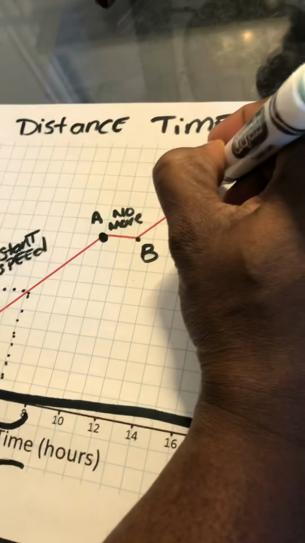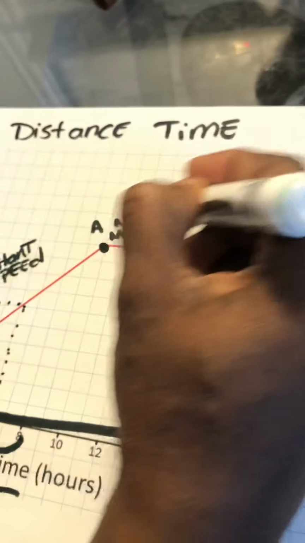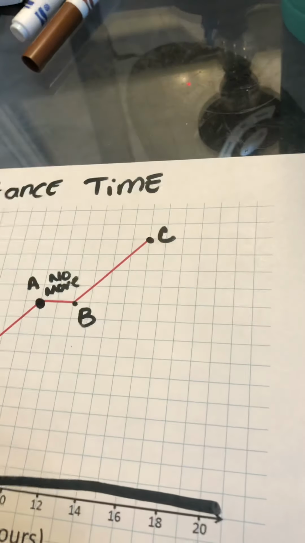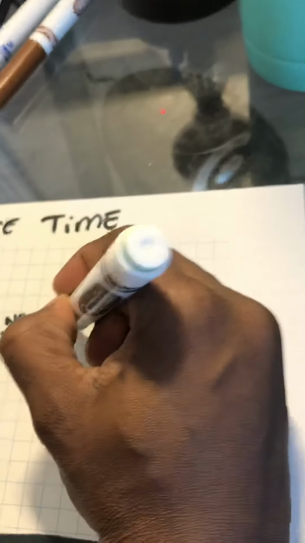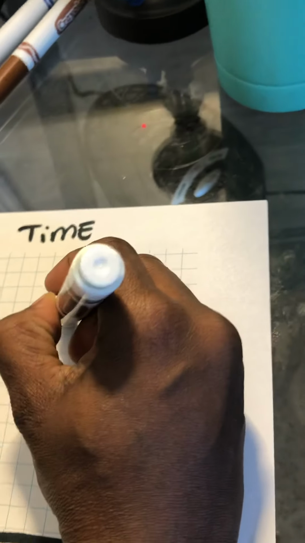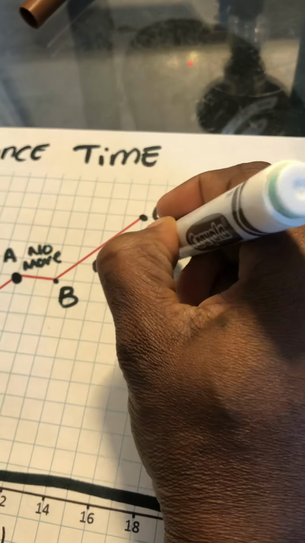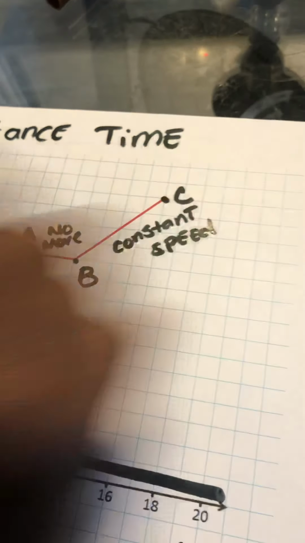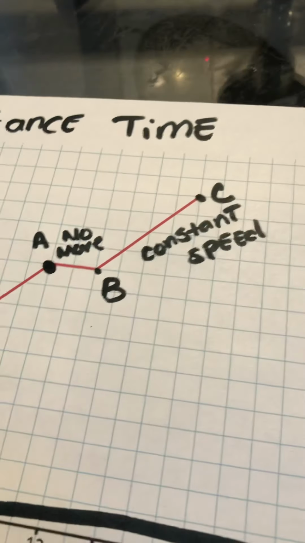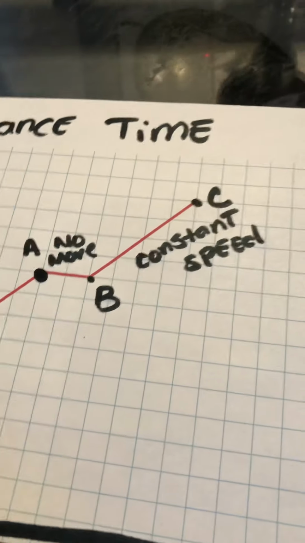Now, from point B to point C, the line is going up again. So that's going to represent a constant speed. And just for fun, let's add an additional line.